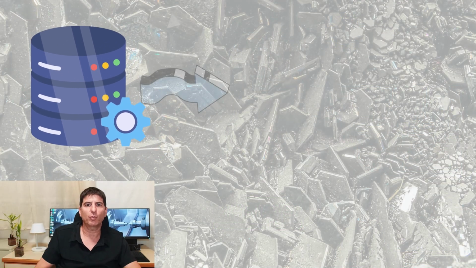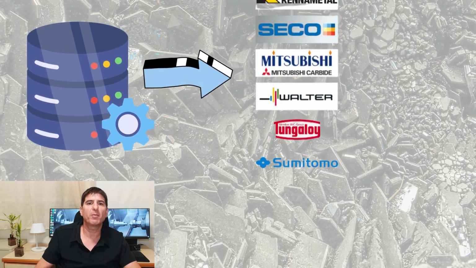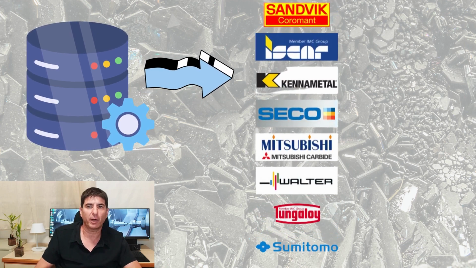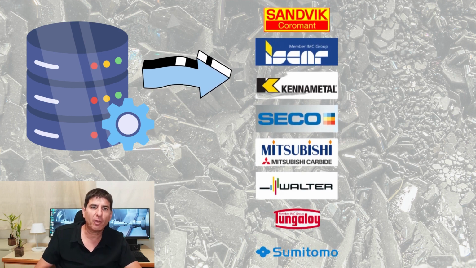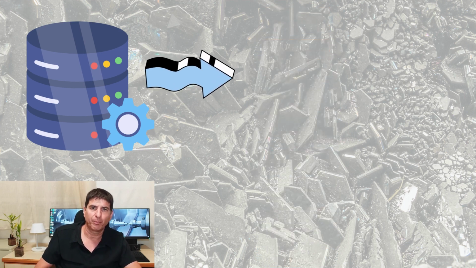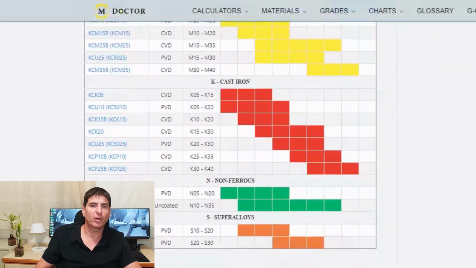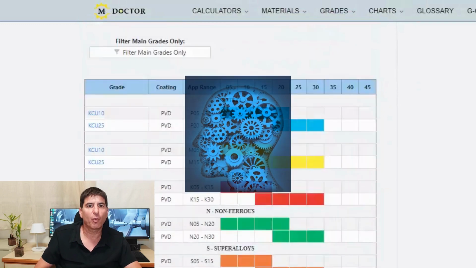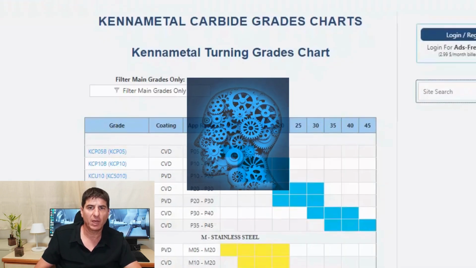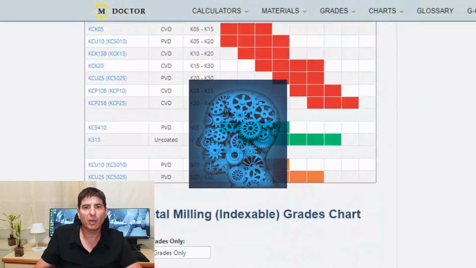We have a database with most carbide grades of many leading carbide insert suppliers. If your company grades are not included, contact us to get you also on board. The information is organized in a manner that allows our algorithms to present, recommend, and compare the grades in a uniform and easy to understand way.